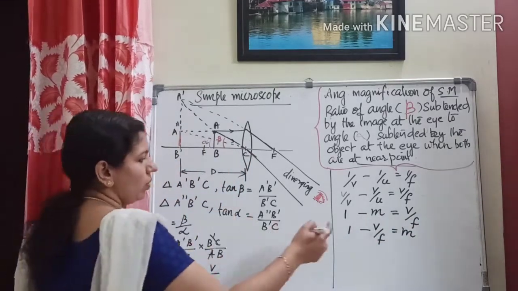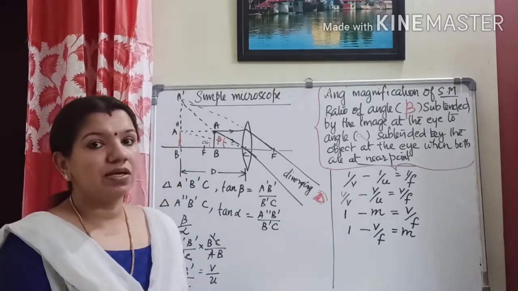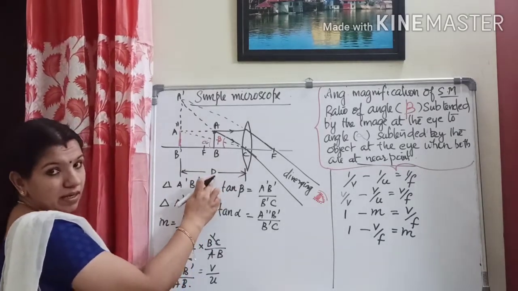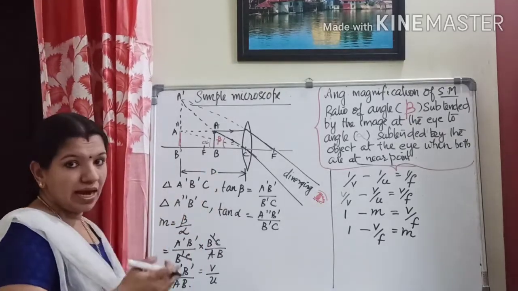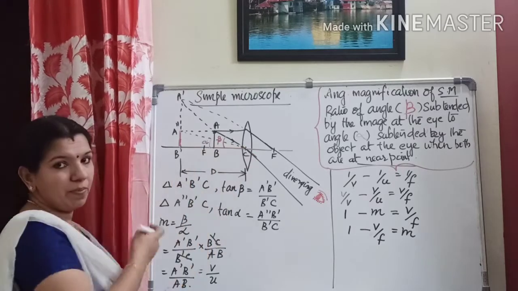Clear? Now V means what? The image distance. Here the image distance is D, the least distance of distinct vision, and according to the Cartesian sign convention you have to apply a negative sign since the distance is measured from here.